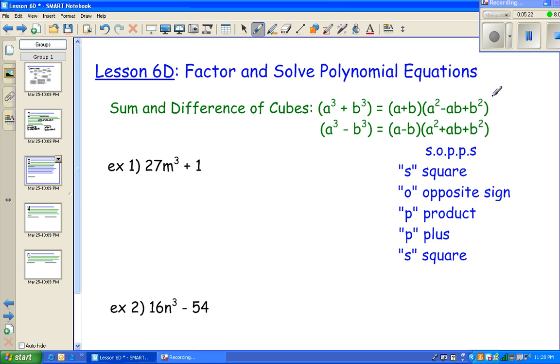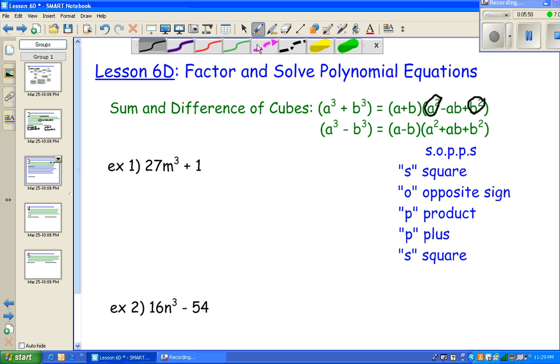And the little acronym to help you memorize the pattern is SOPs, which is the squared term, the opposite sign, the product of the two terms, it's always plus, and then the other squared term. So SOPs is how we memorize the pattern for sum and difference of cubes.